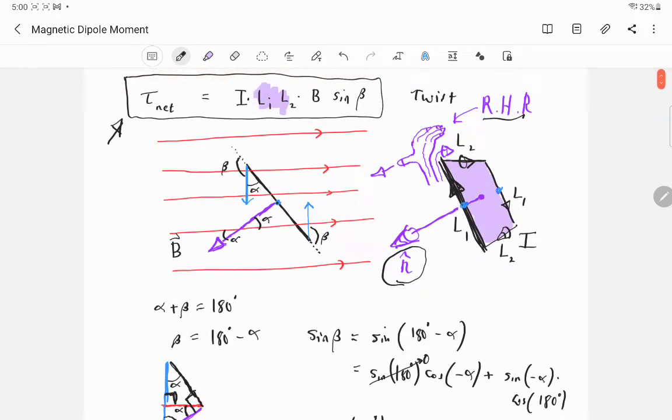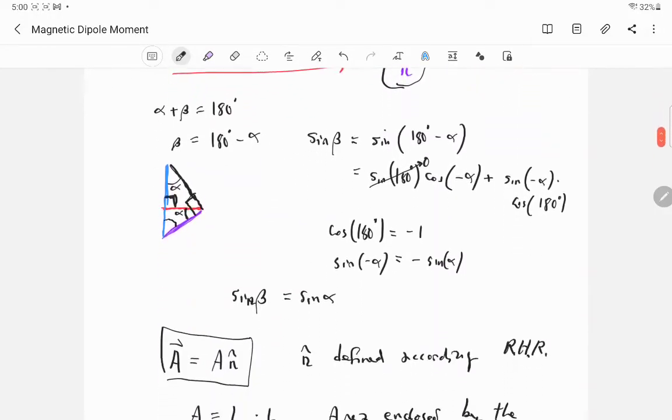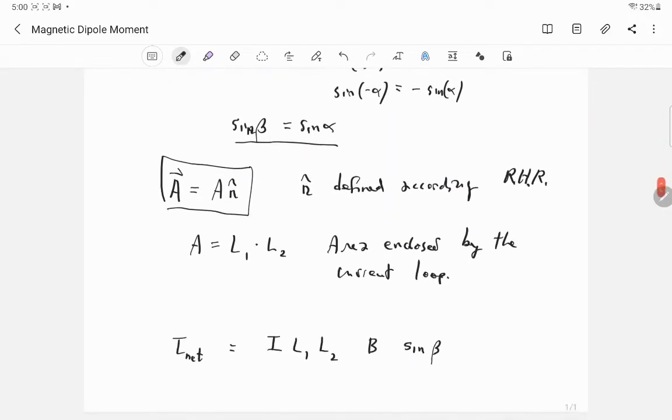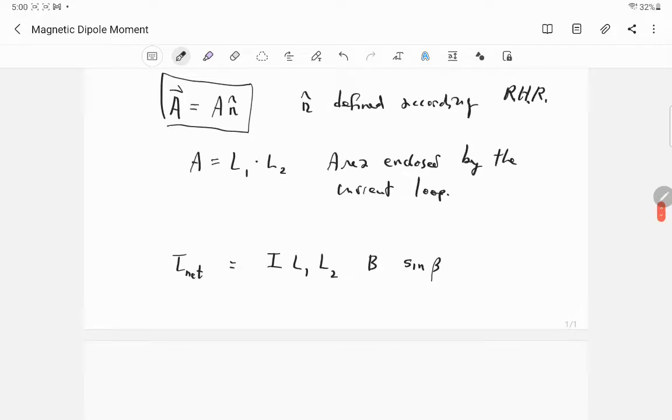Where we had this old angle, but I showed you that actually the sine of beta and the sine of alpha share the same value. So I'm going to start talking in terms of alpha. So the net torque is I, and then L1, L2, B sine alpha instead.